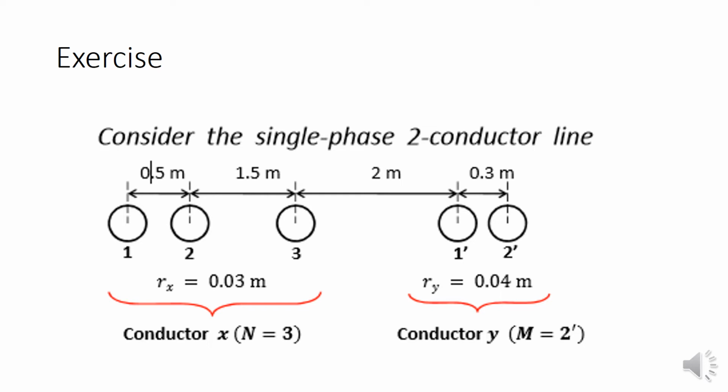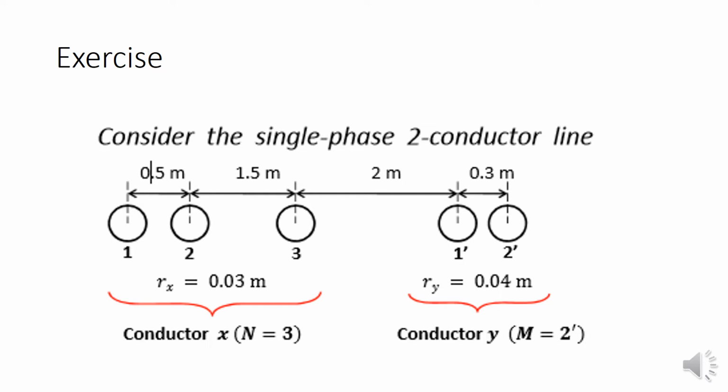Conductor Y has 1 dash and 2 dash, so m equals 2. For each line in X the radius Rx is equal to 0.03 meters, and for Ry the radius is equal to 0.04 meters.